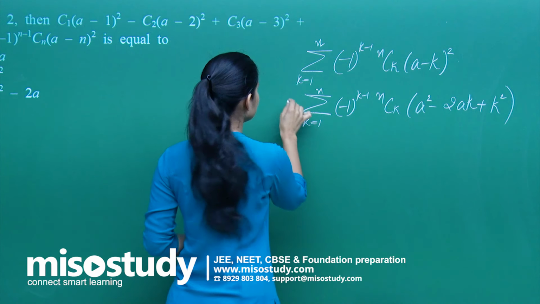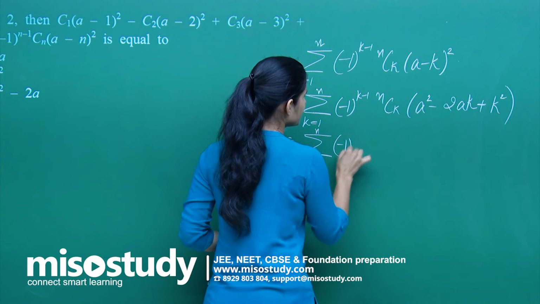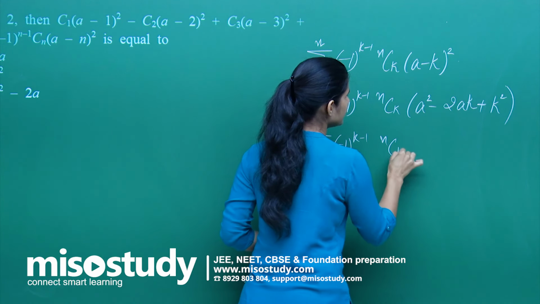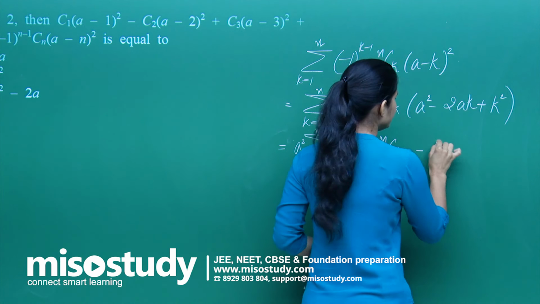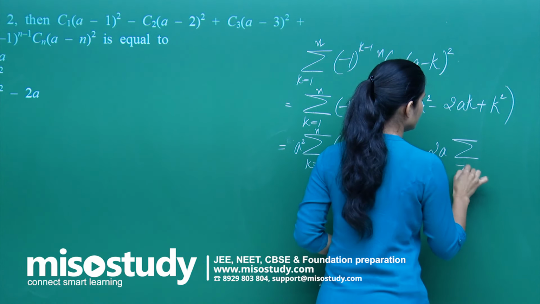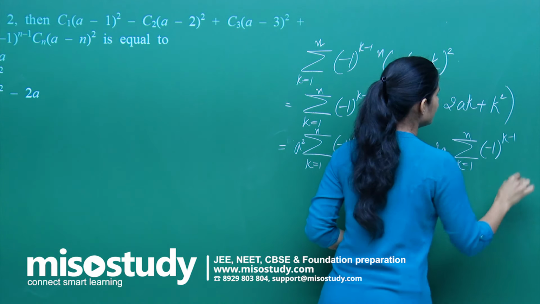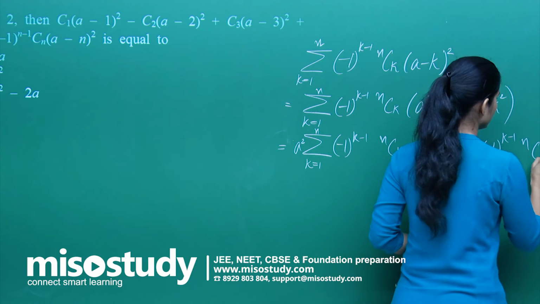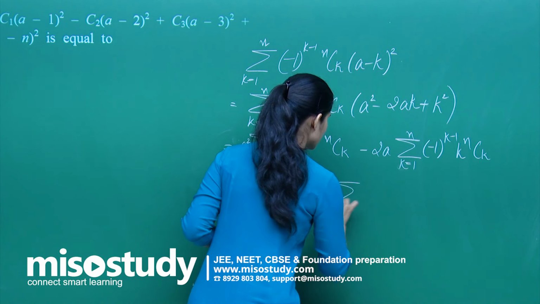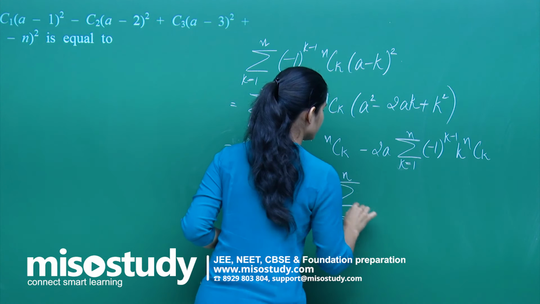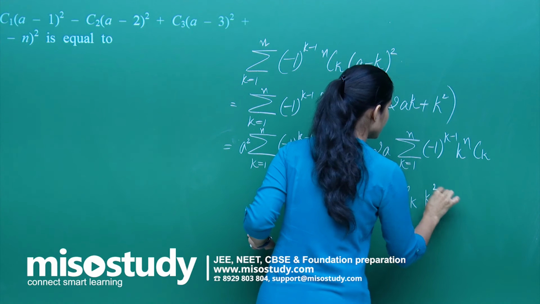The moment you get this, your entire summation boils down to summation k going from 1 to n, minus 1 to the power k minus 1 nck into a square, minus 2a, again k going from 1 to n, minus 1 to the power k minus 1 nck into k, plus summation k running from 1 to n, minus 1 to the power k minus 1 nck into k square.